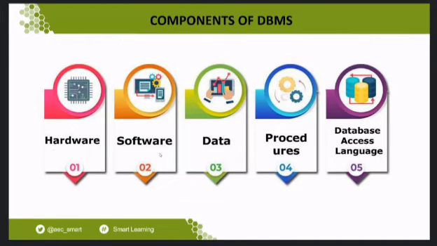The motive behind the creation of DBMS was to store and utilize data. Procedures refer to the general instructions to use a database management system. Database access language. It is a simple language designed to write commands to access, insert, update, and delete data stored in any database.